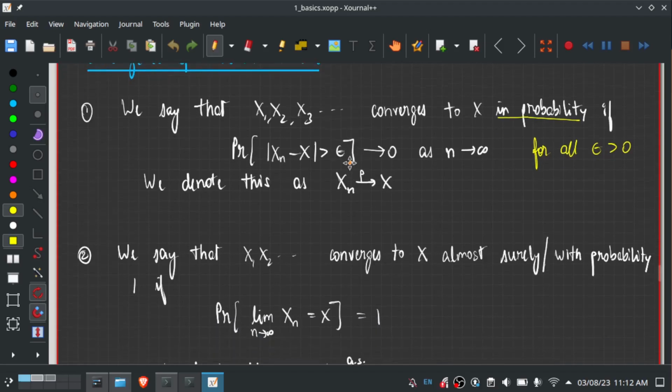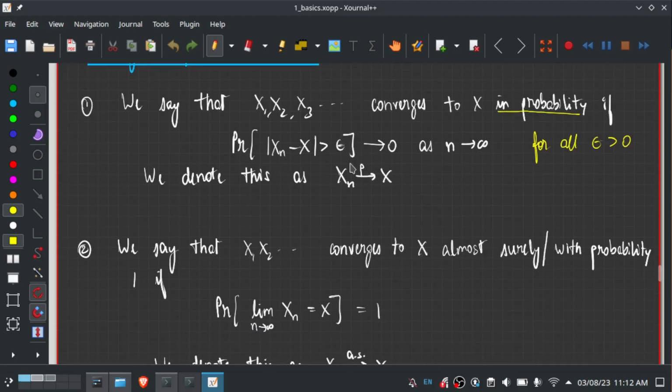Okay. So the first notion of convergence that I want to introduce is convergence in probability. It's a standard term. Given a sequence of random variables X1, X2, X3, and so on, we say that this converges to some other random variable X in probability if the probability that the absolute value of Xn minus X is greater than epsilon tends to 0 as n tends to infinity, for every fixed epsilon greater than 0.